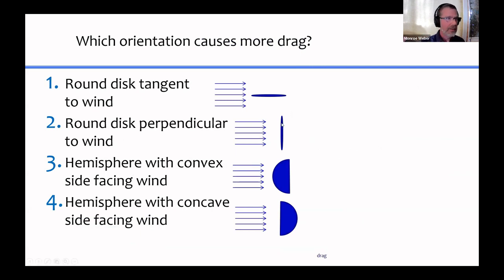And I think that one had a good number of votes as well. So number 2 is quite bad. Number 4 is even worse. And then, should I put these in order? 4 is worst, 2 is next bad, 3 is next, and 1 is the best, having the lowest drag.